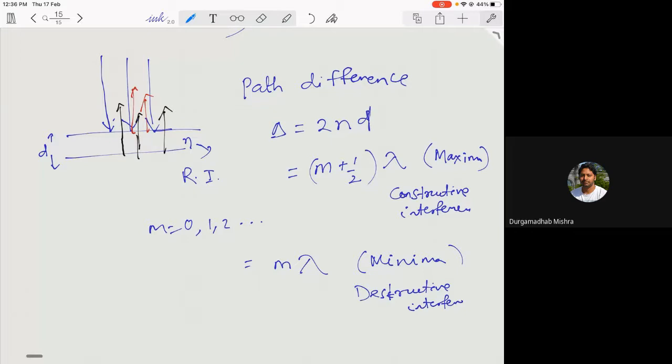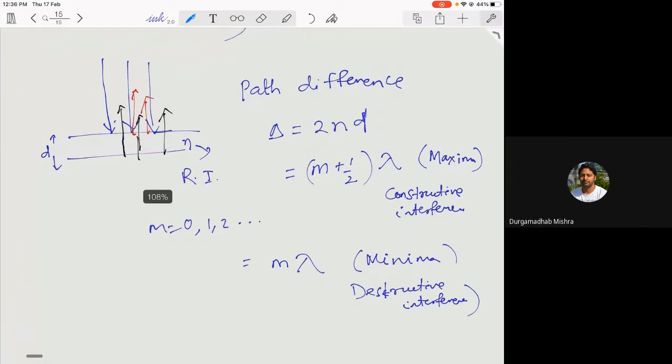So this is a slight change in the condition of interference that we saw earlier, and this is due to the additional phase change that is introduced when there is a reflection from the top surface.